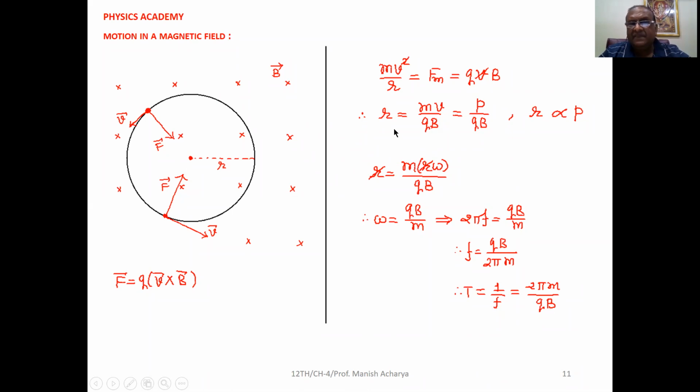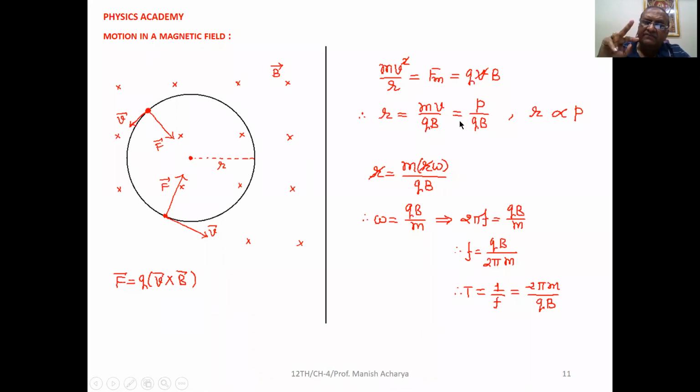But see here, from these equations which we discussed, we can conclude like this. The radius of the circular path depends on the momentum. Or we can say the radius of the circular path depends on the speed.